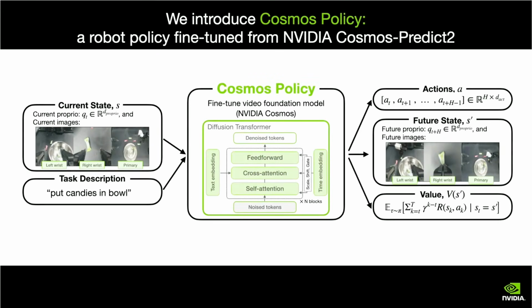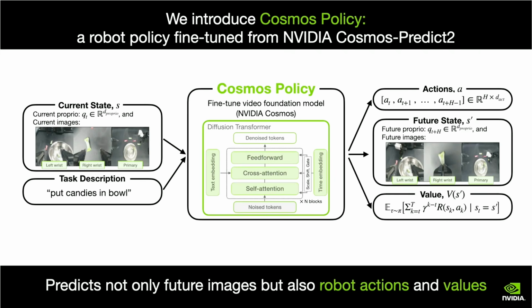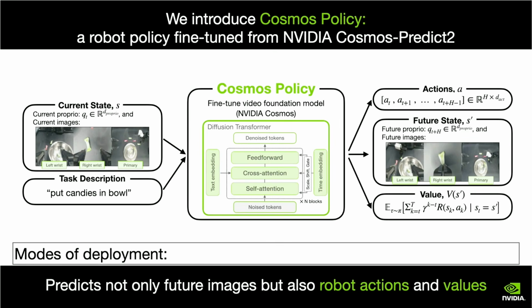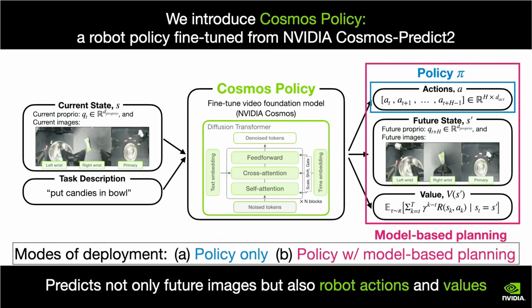In this work, we introduce Cosmos policy, a robot policy fine-tuned from the NVIDIA Cosmos Predict 2 video model. We post-train Cosmos to predict not only future images, but also robot actions and values. There are two modes of deployment for Cosmos policy. A, just deploying the policy by itself, or B, deploying the policy with model-based planning using the future state and value predictions.